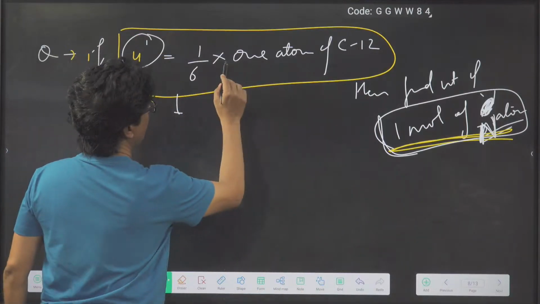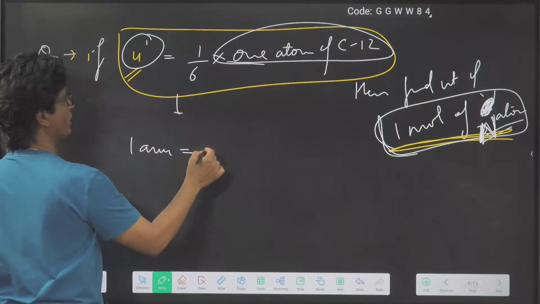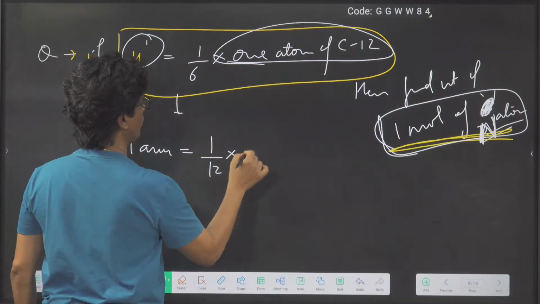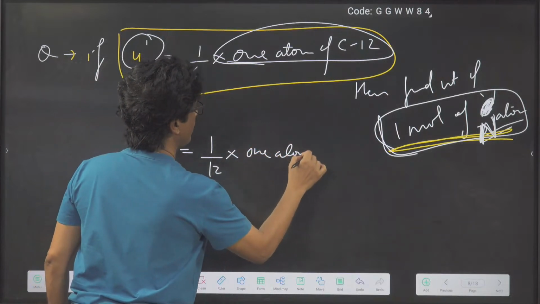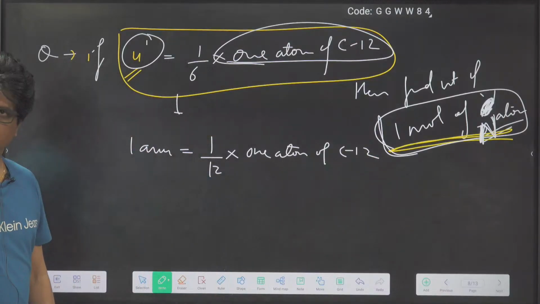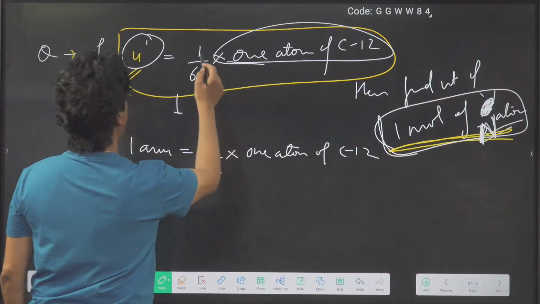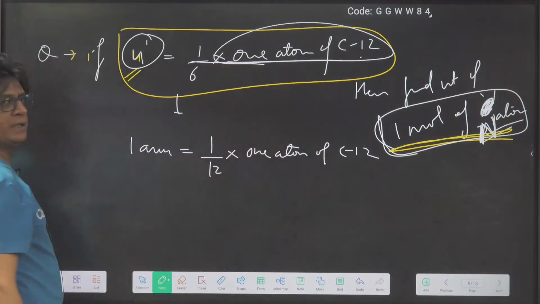Understand this thing. So now what is your U dash? One atom of carbon 12. You know that one AMU is equal to 1/12 of one atom of carbon 12, right? So out here U dash is 1 atom of carbon 12 by 6.